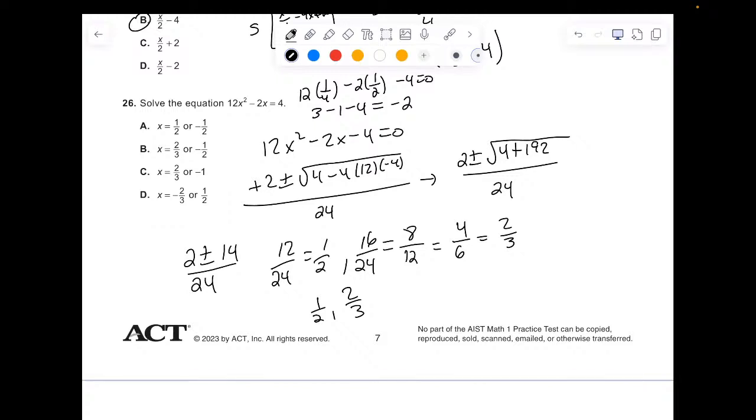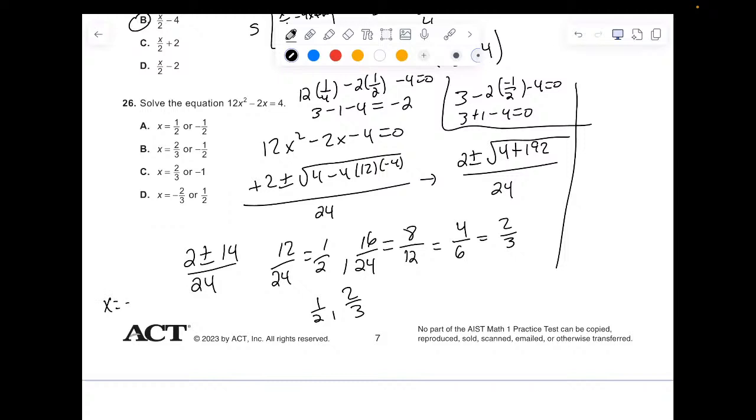Did I do all that right? I think I did. That's unfortunate. Let's try the negative version. I'm just going to skip some of this work now. 3 minus 2 over negative 1/2 minus 4 equals 0. 3 plus 1 minus 4 equals 0. Okay. I see. So the answers are going to be x equals negative 1/2 and negative 2/3.